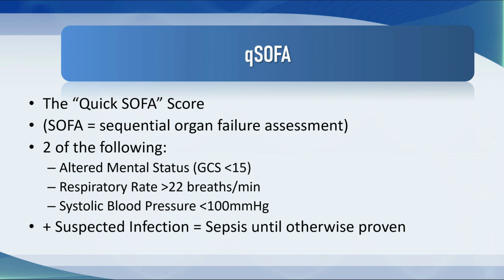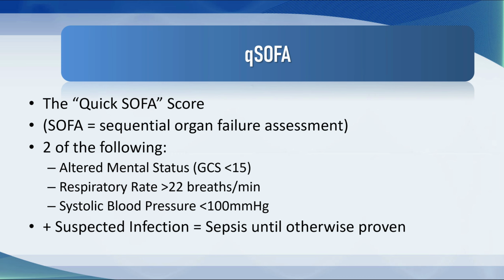The quick SOFA score was brought in to rapidly identify a septic patient, and SOFA means sequential organ failure assessment. I'll get back to that in a minute as well, because there's a lot more to SOFA than just the scoring system. But this identified sepsis quickly using 2 of the following: altered mental status, a respiratory rate of more than 22, or systolic blood pressure of less than 100.